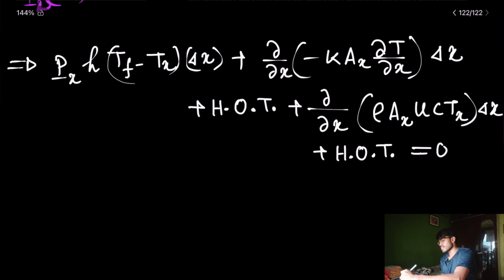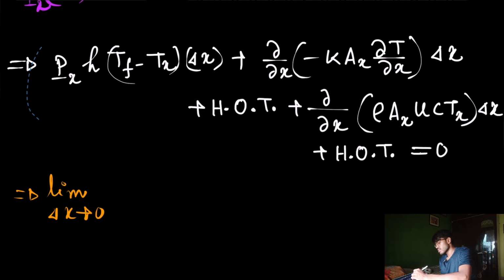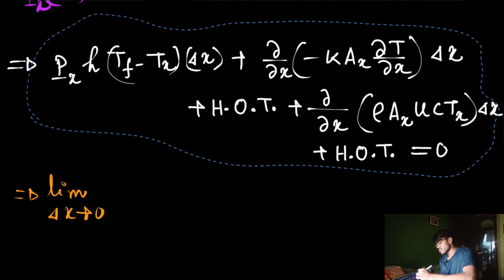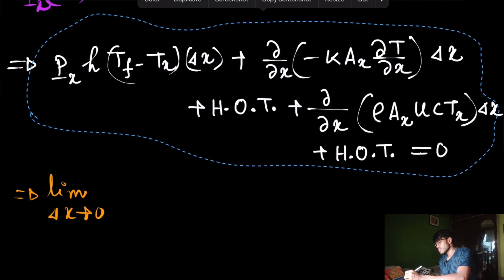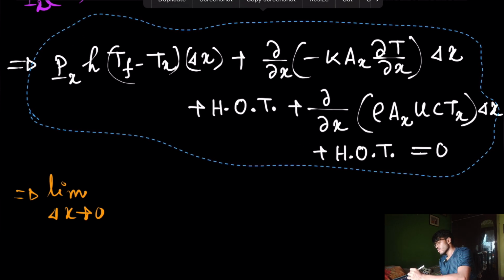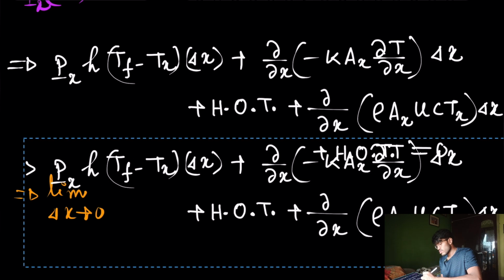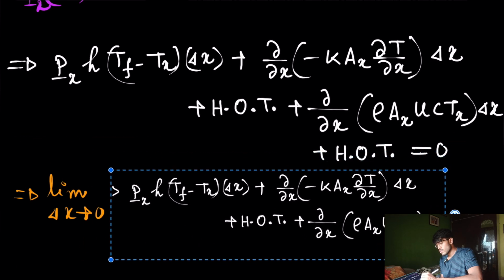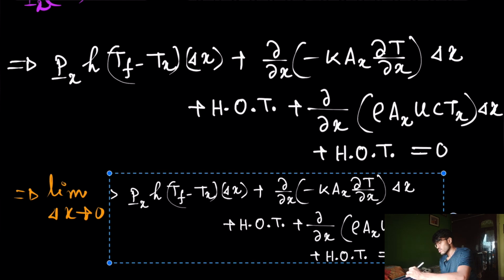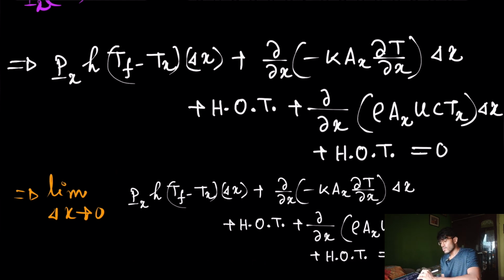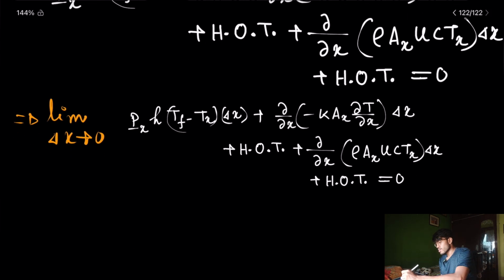Now if you take the limit delta x tends to 0, and you write the same equation, I will just copy and paste this. And then this will become what?